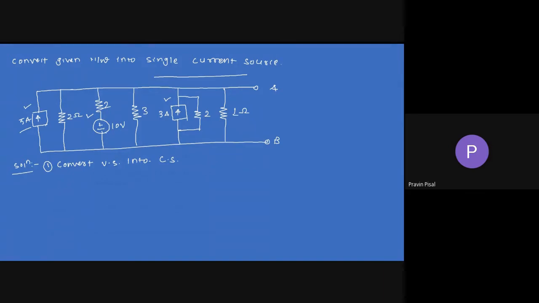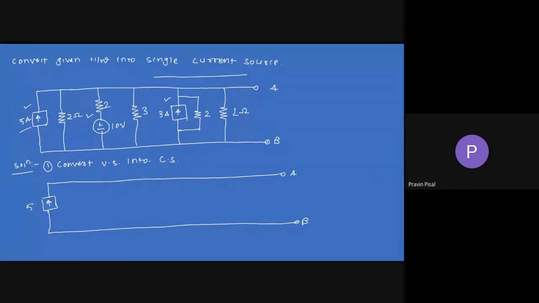Okay. So I will be converting like this. The remaining circuit will be the same. Only we will change the values of the voltage source. So this 5 ampere will be as it is. These 2 ohms will be as it is.